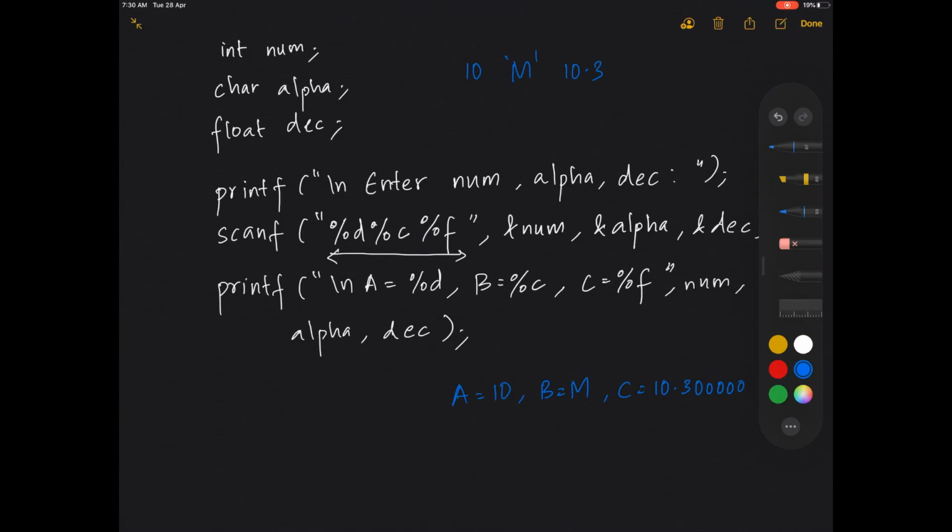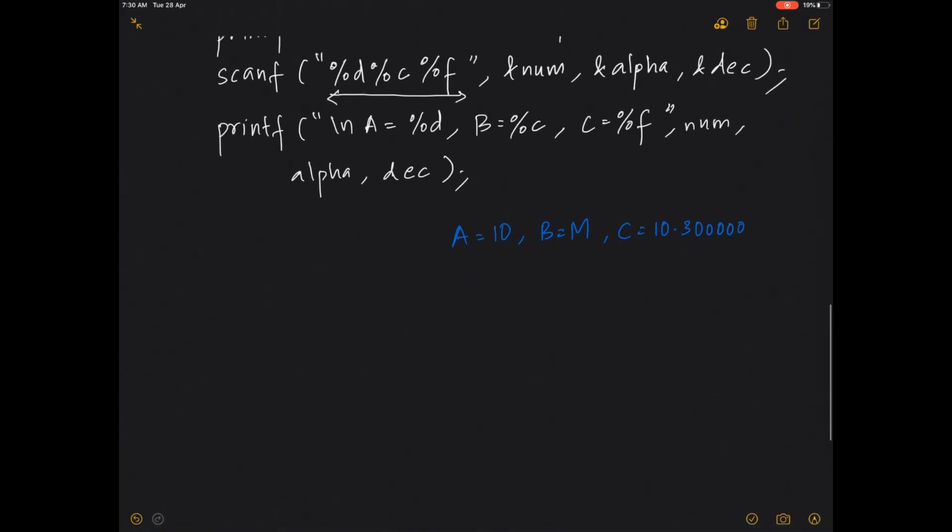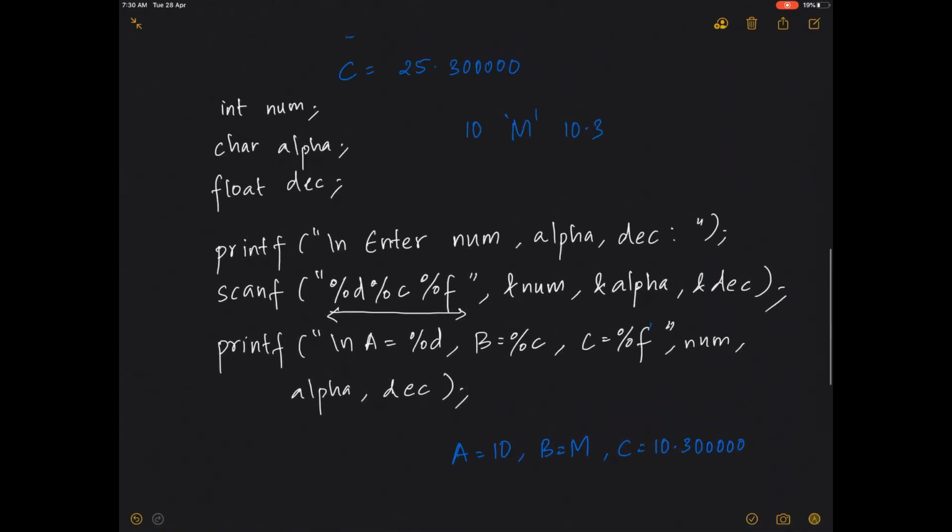Now this %f will default print 6 digits after the decimal point. If you want to shorten it, you can write percentage, followed by a decimal point and a number in between, and then F. The number can be any number specifying how many digits you want after the decimal point.